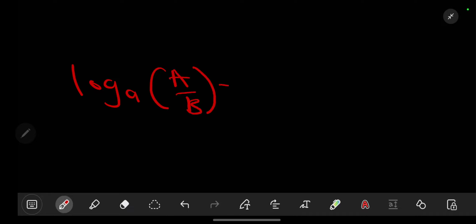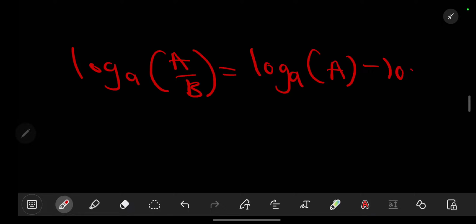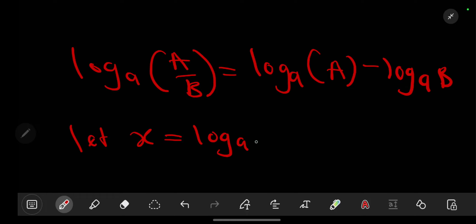It says that we have the log of base a of a over b should be equal to the log of a base a minus the log of b base a. So same approach. So we are going to let these separate entities, let x be equal to the log of a base a, like that.